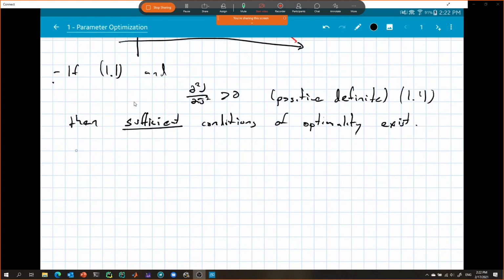Okay, so now this is all super easy, but we move on. And then we go to problems with equality constraints.